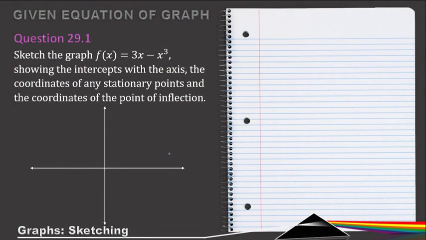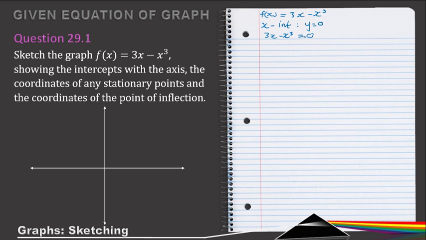Now for question 29.1, we need to sketch the following graph. So here we have f(x) equal to 3x minus x to the power of 3. So first of all, as we usually do, we want to find the x-intercepts first, and we do that by setting y equal to 0. So we've got 3x minus x cubed equal to 0.